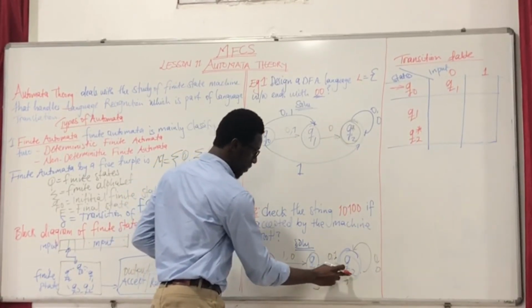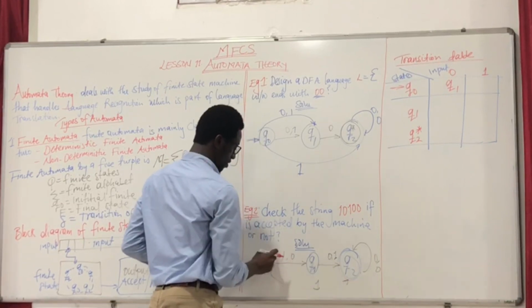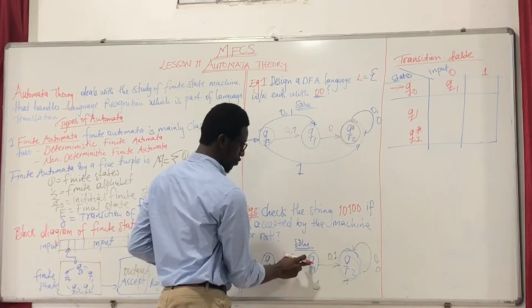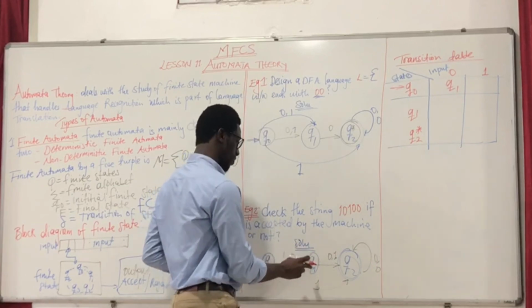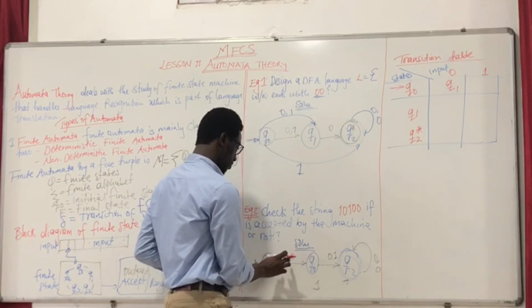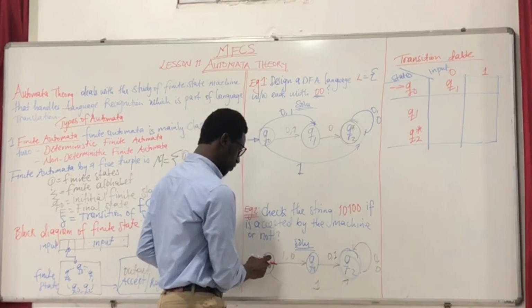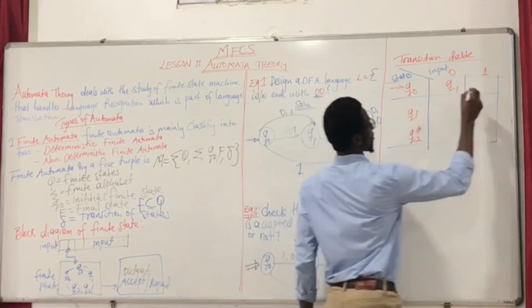Q0 1 can either be Q2, because this one goes to the final state, or we can also say Q1. But we can't say Q1 because this one needs to end with 0, 0. So here we use Q0 1, which is Q2.